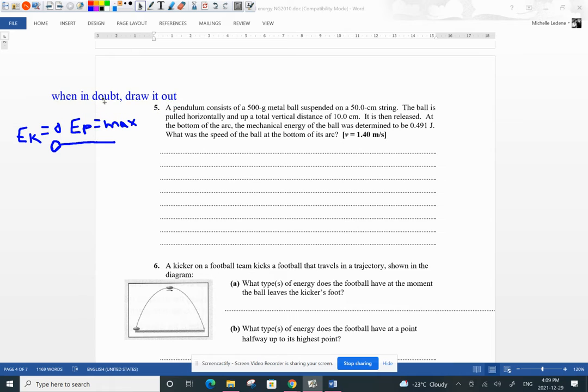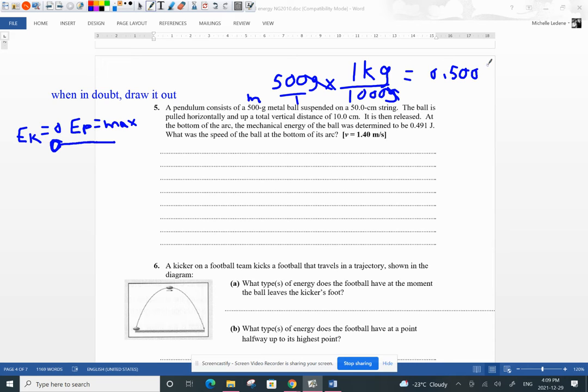So, let's draw our little pendulum. Here we have the little bob, and we know the mass of the little bob. It's 500 grams, which of course we can do a unit conversion. We know the fact that 1 kilogram has 1,000 grams in it, and so we can convert, and that gives us 0.500 kilograms as the mass of this little bob.